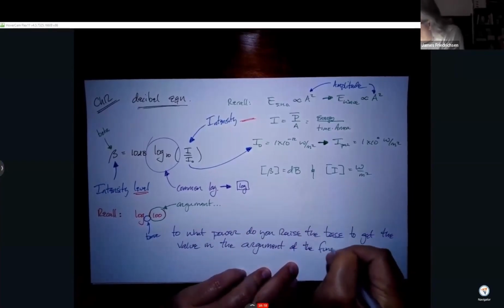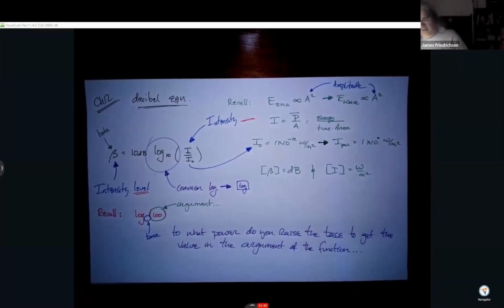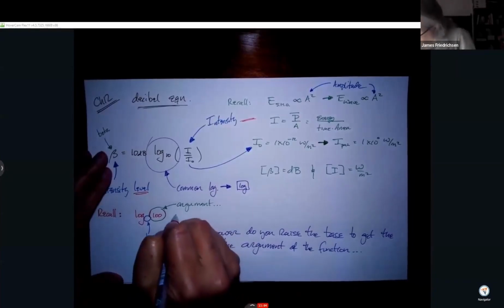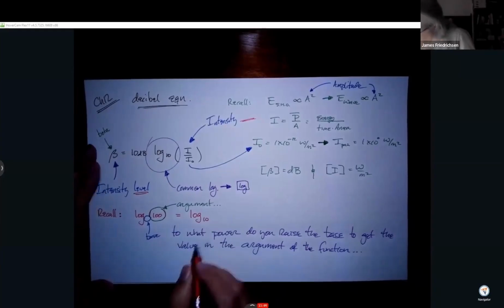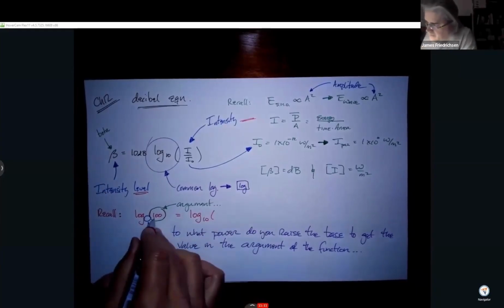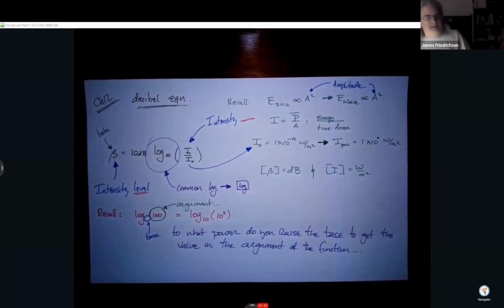So we can rewrite this as log base 10, the unwritten 10, and we can rewrite 100 as 10 squared, or 10 to the second power.